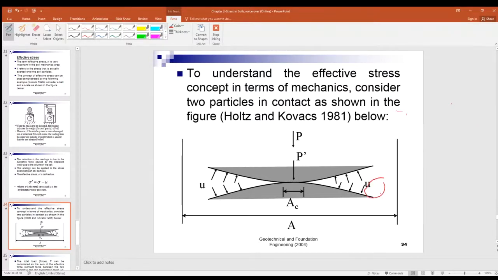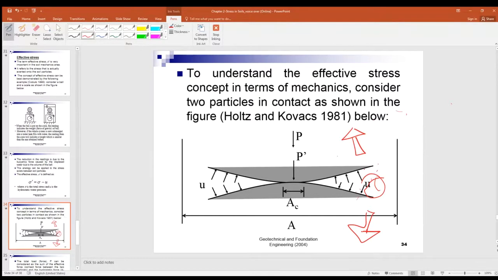This U, the pore water pressure, tends to separate the two particles.